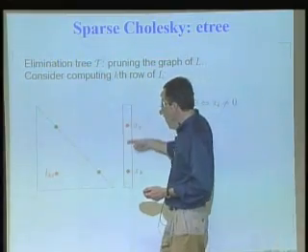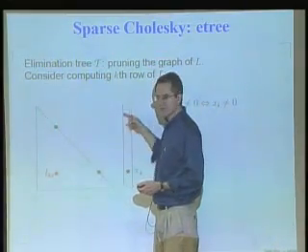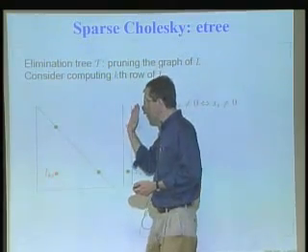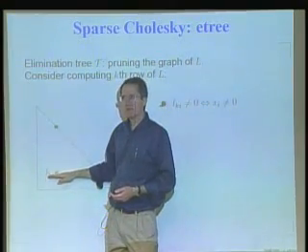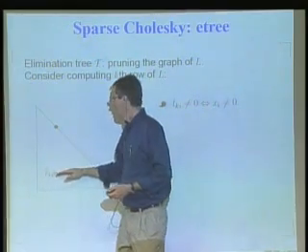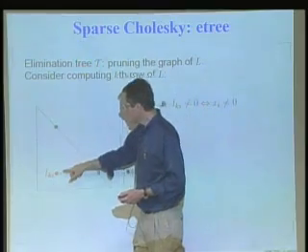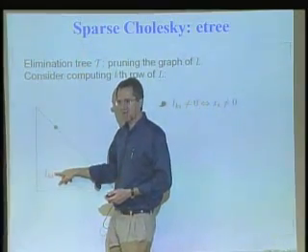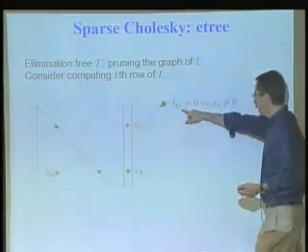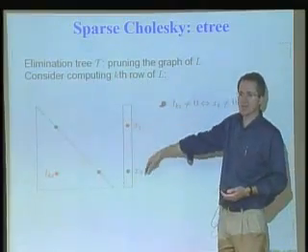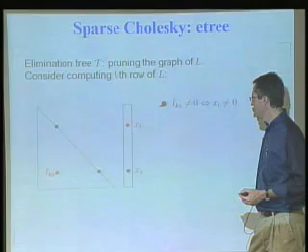Because the solution to this lower triangular system will become the kth row of L, then this entry here in the solution to that system is identical to this value here. And so there's a rule that says, well, LKI is non-zero if and only if XI is non-zero for this triangular solve at the kth step.